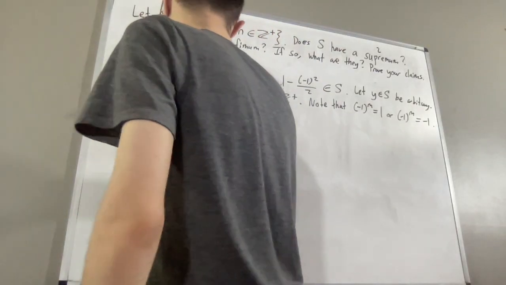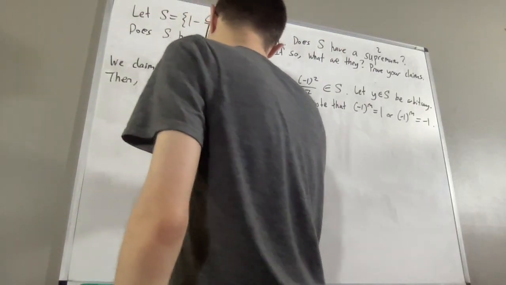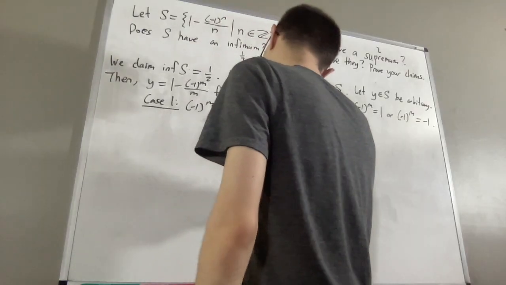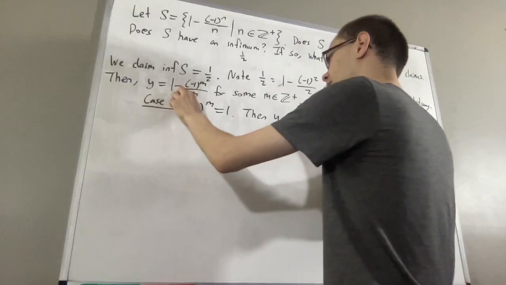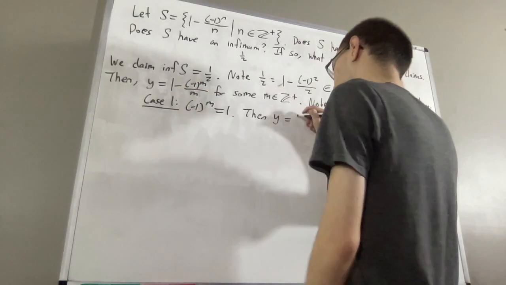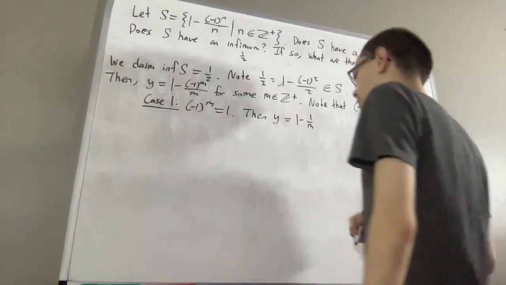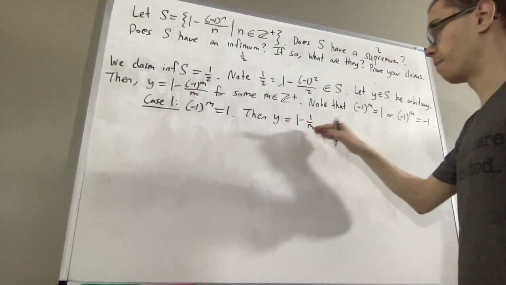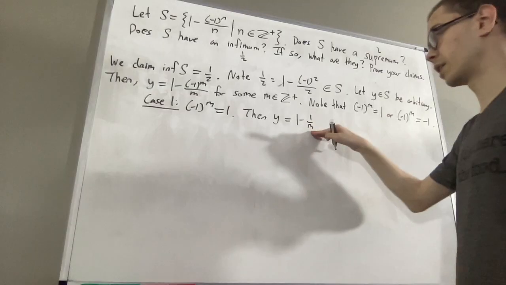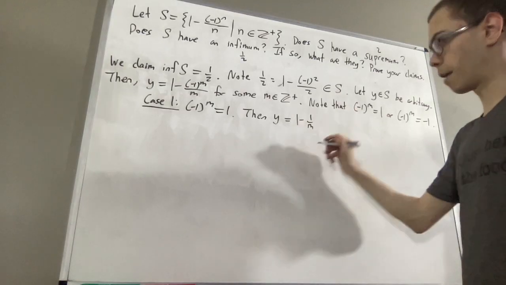We'll start with the case that (-1)^n is equal to 1. Well then, y is equal to 1 minus 1 over n. Now, how do we show that this quantity is greater than or equal to 1/2?